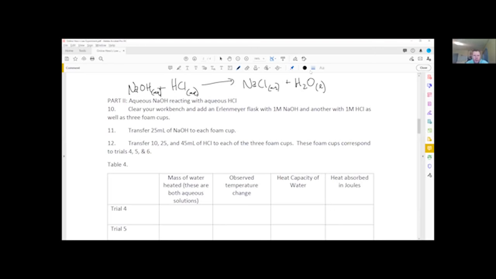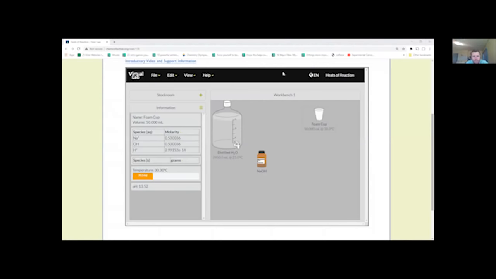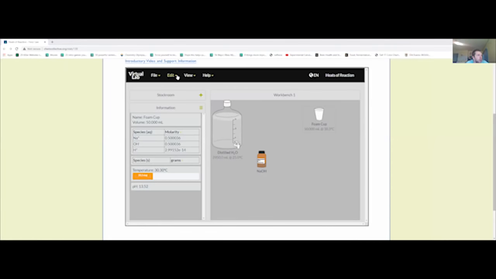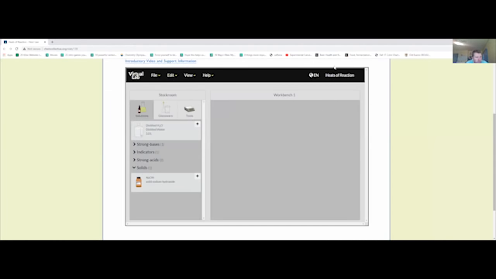Now what I'm going to do is switch my share and resume. I'm going to clear my workbench. And whenever I clear my workbench, I'm looking at the procedure, and it has me add some other things to it.